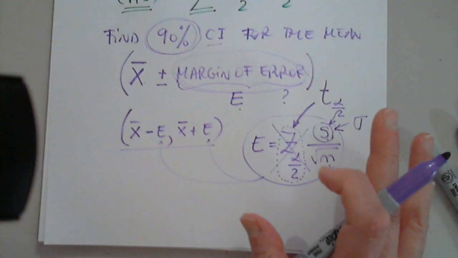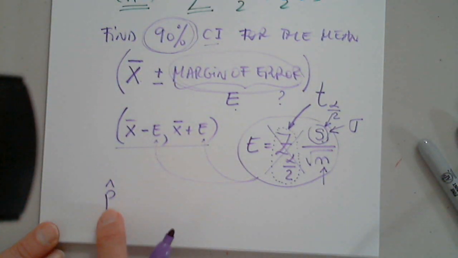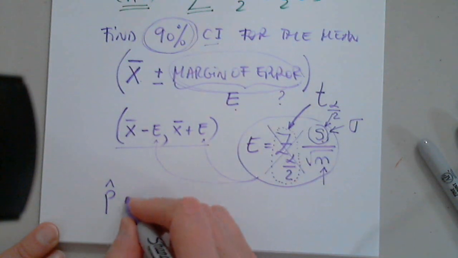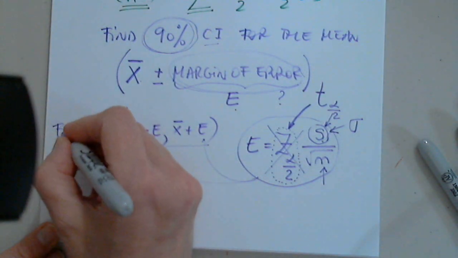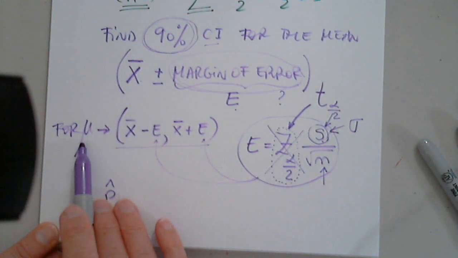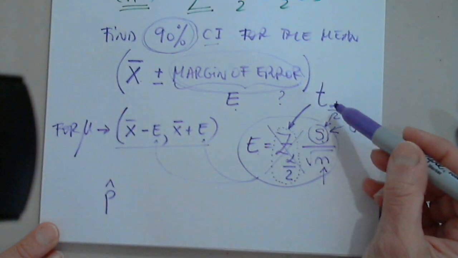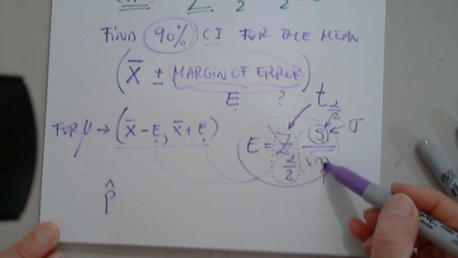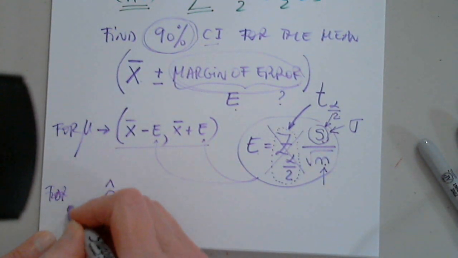Now, by comparison, the confidence interval for the population mean, so this is for mu, is this, where E is t alpha over 2 times S over the square root of n.